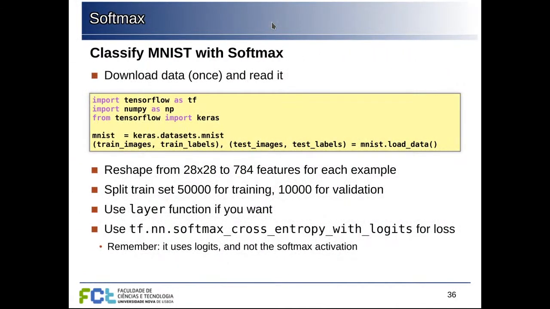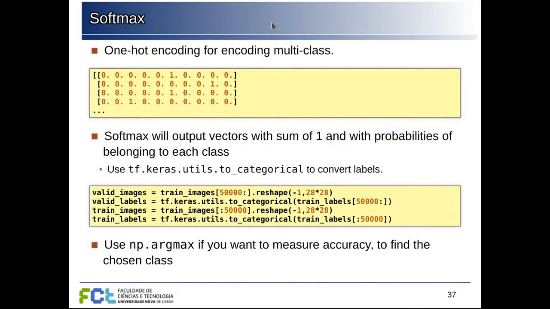Some things that you need to know is that we're going to use the softmax output to give us the probability of each class. So in one example, we'll have the probability of being a 0, the probability of being a 1, a 2, 3, 4, 5, and so on. And so we're going to encode the labels to train our network in a similar way.